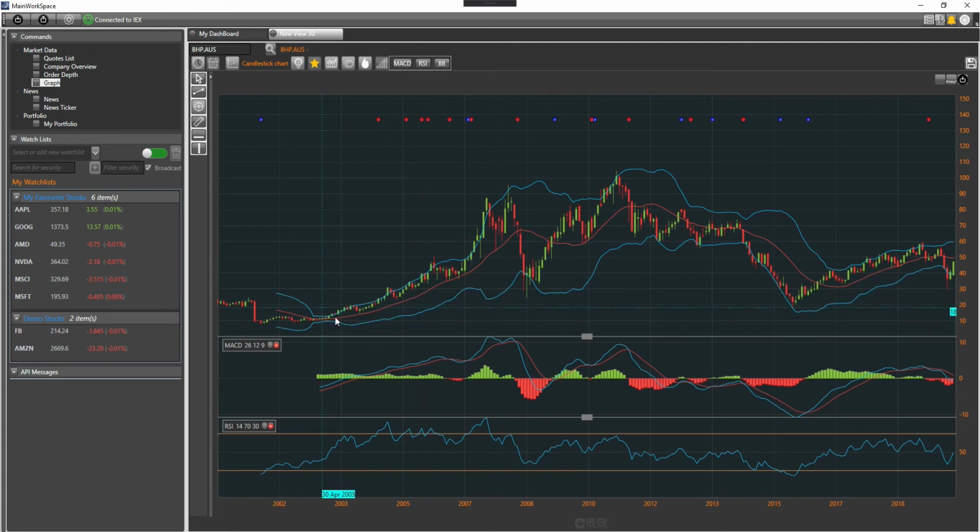Usually if the price is touching the upper band, it indicates being overbought, and if it's touching the lower band, it indicates that it's oversold. And the wider the bands are, the more volatility, and the narrower the band gets, the less volatility there.